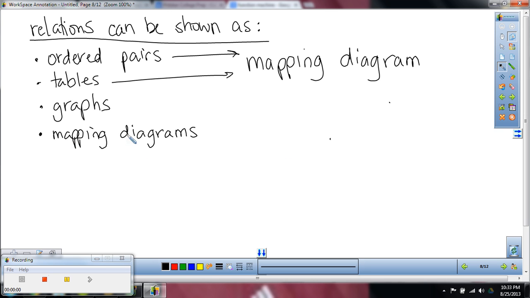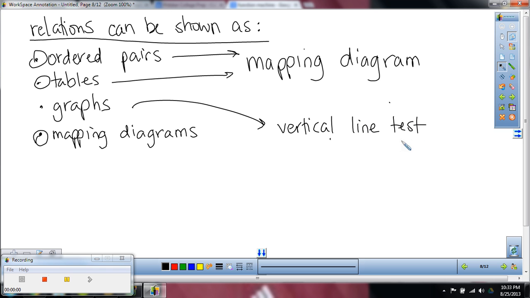And obviously, for the 4th one, mapping diagram, we're going to use a mapping diagram. So for 3 of the 4, we use a mapping diagram. And for graphs, we use something called a vertical line test. And so we're going to talk about what this looks like in a little bit more detail.